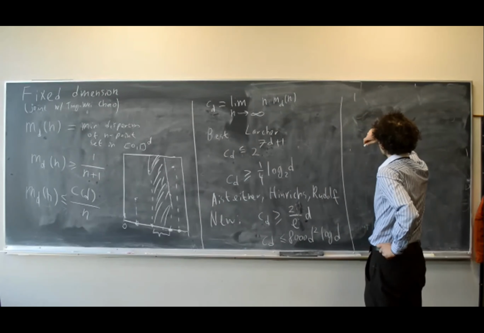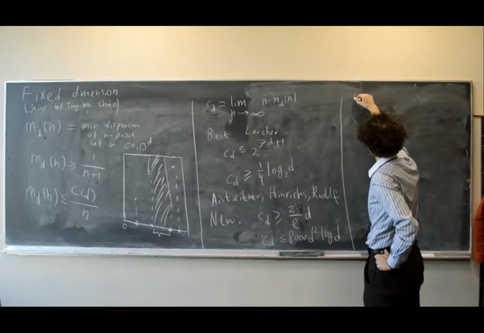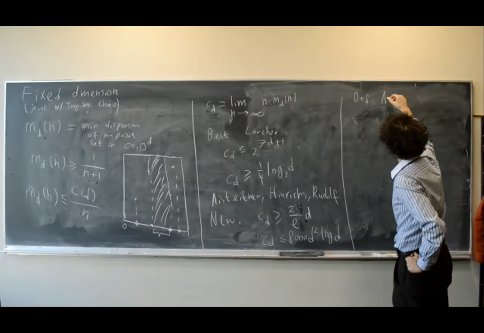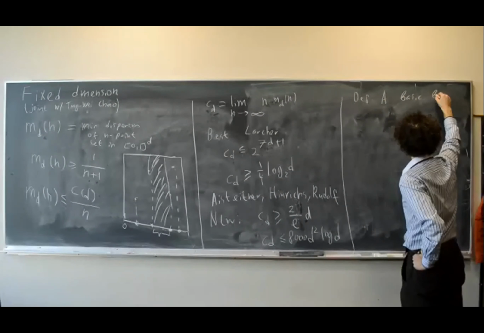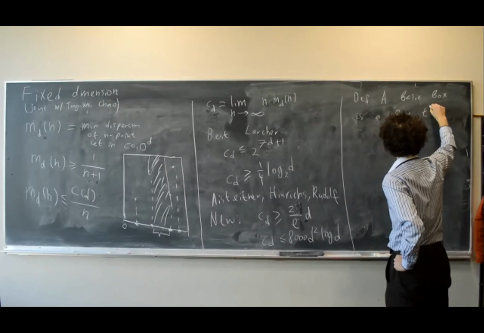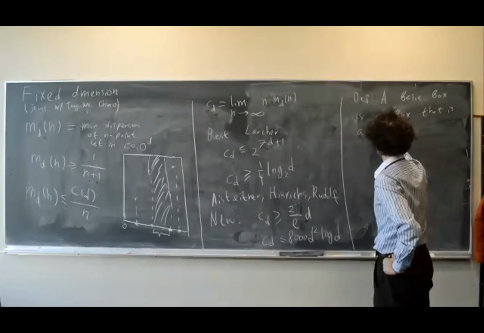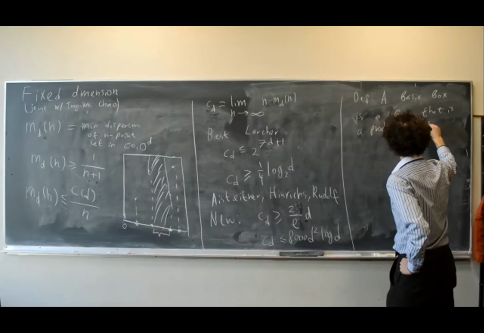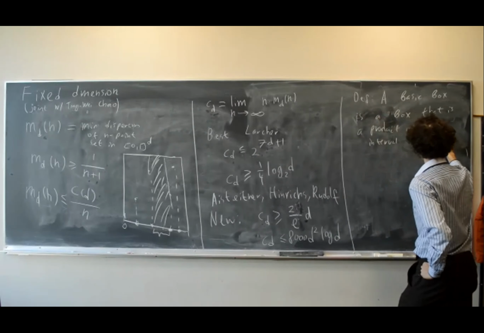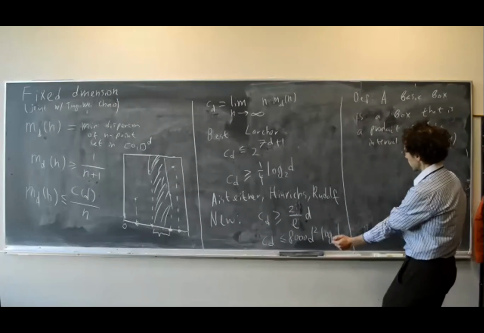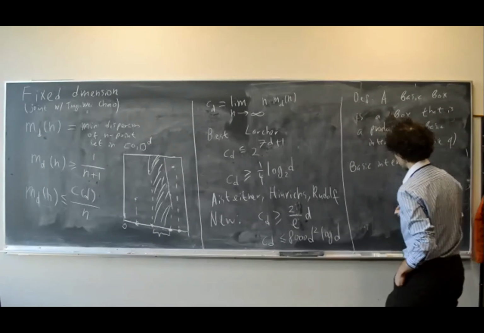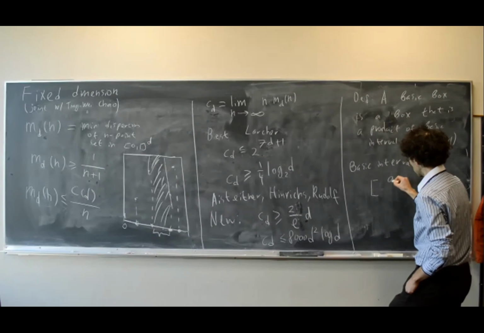For that, let me define what those basic boxes are. A basic box is a box that is a product of basic intervals, again in some base Q. So what are those? A basic interval is an interval of the form [a Q to the minus m, (a plus 1) Q to the minus m].